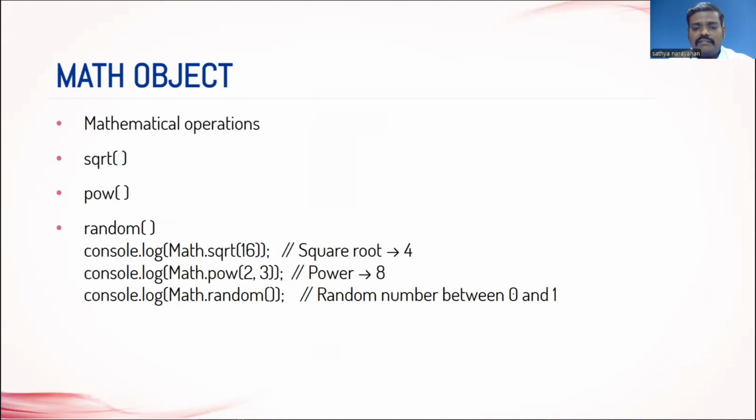Console.log Math.pow(2, 3), the value is 8, which is displayed in the web browser. Console.log Math.random automatically gets random values between 0 and 1, which are displayed in the browser console, by using the console.log method.